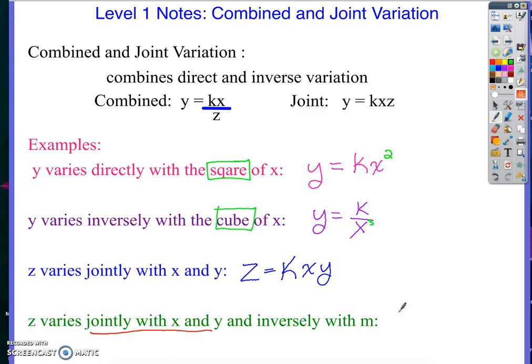If z varies jointly, then we have z equals k times x and y. And inversely means that I'm going to divide by m. So then I have all over m. If you need to pause the video to take this down and take your notes, do so at this time.